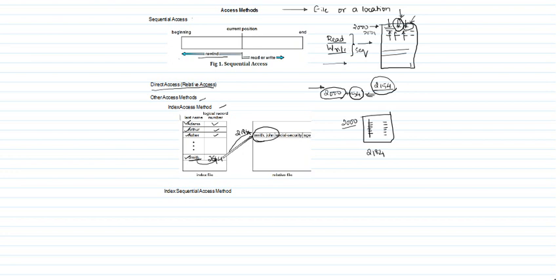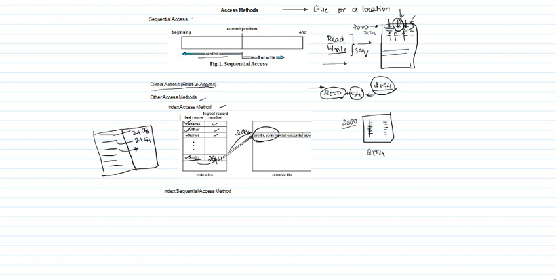When you are trying to find something with respect to a file, all the files within a folder will have been mapped in something called an index file, and which file is written in what location is mapped.